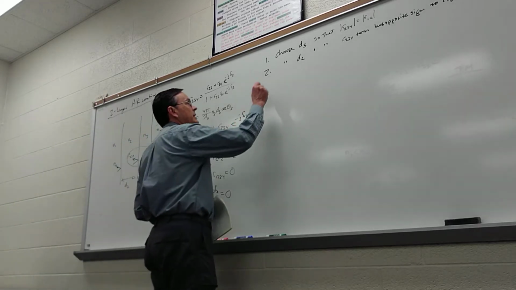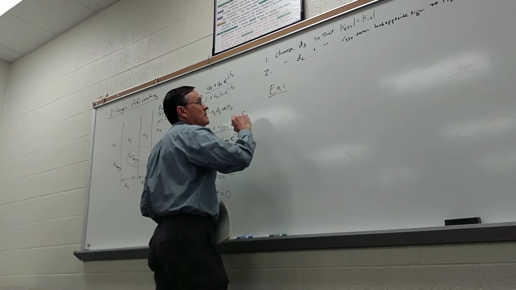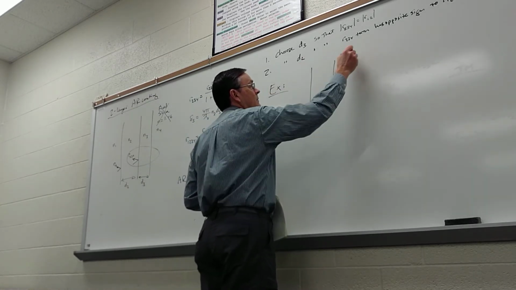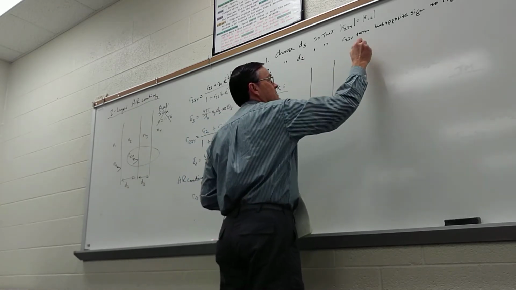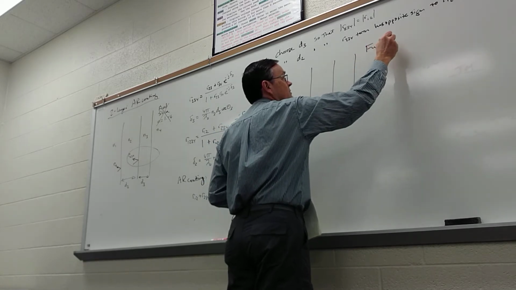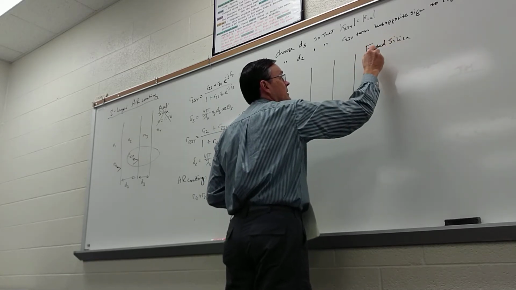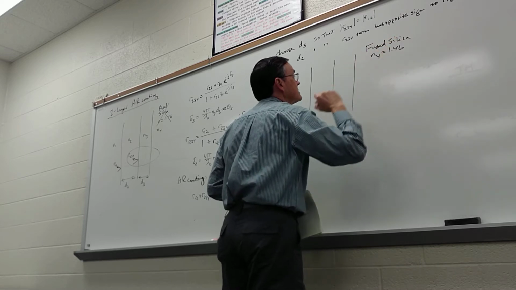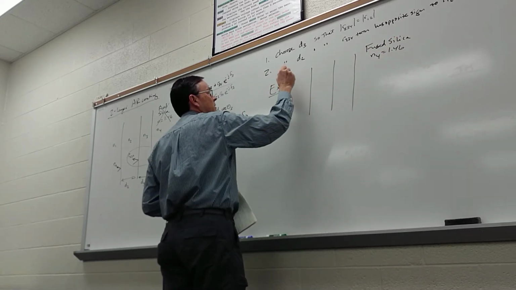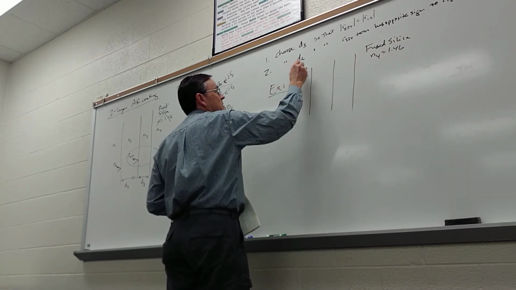Okay, so let's do an example. Let's say that this is fused silica, so N4 is 1.46, and this is air, so N1 is 1.0.